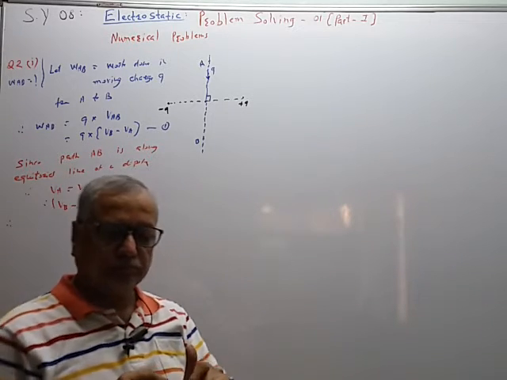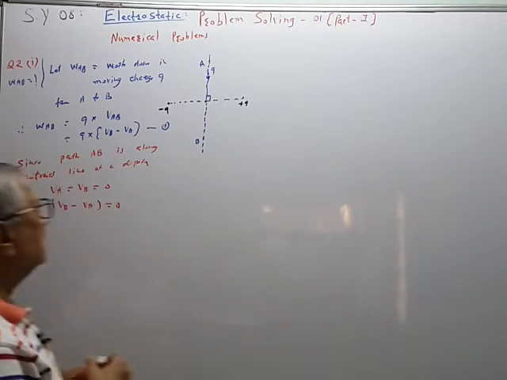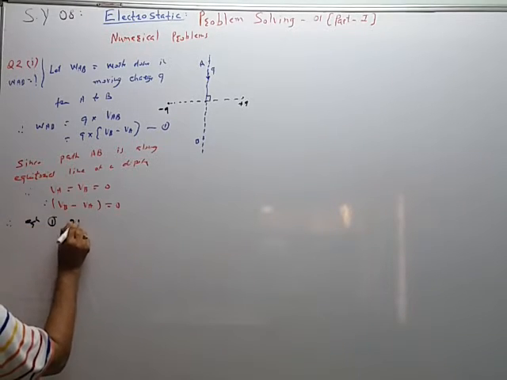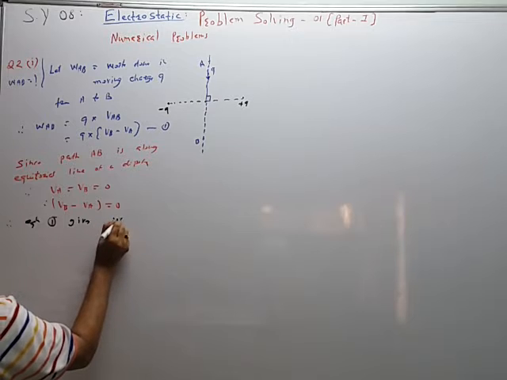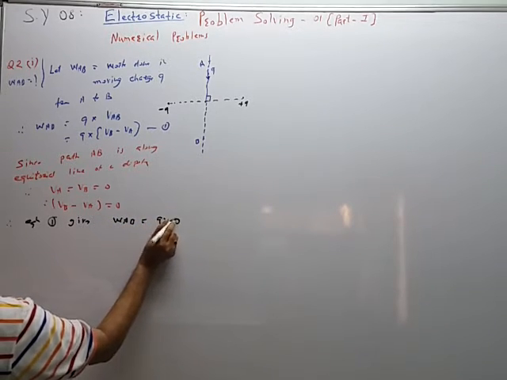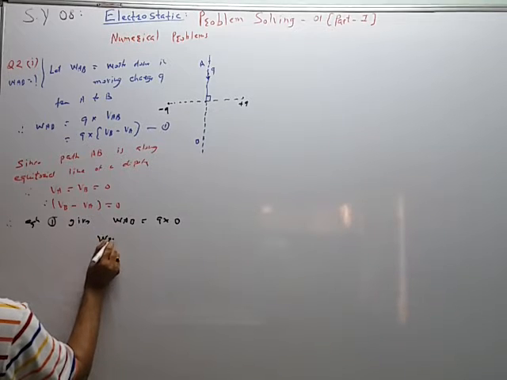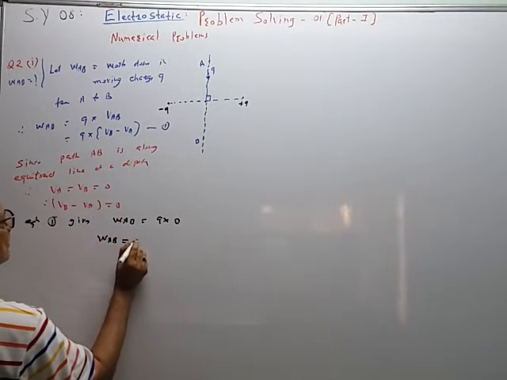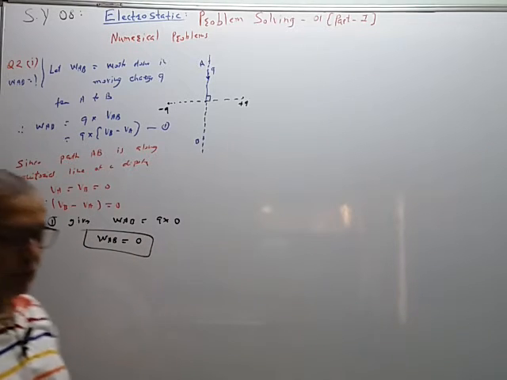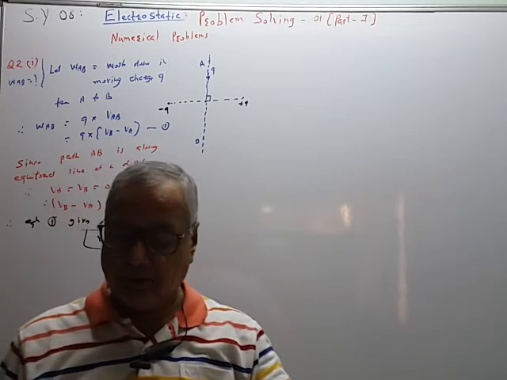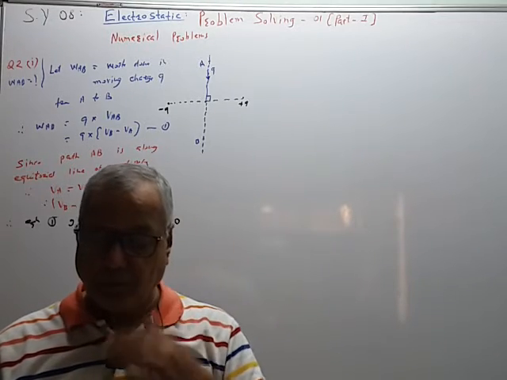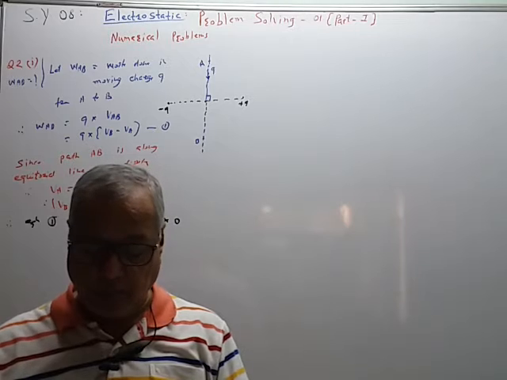Therefore equation 1 gives WAB is equal to Q multiplied by 0, and therefore work done along the equatorial line is always 0. WAB is equal to 0, like this. So this is the first question number 2, first numerical problem.